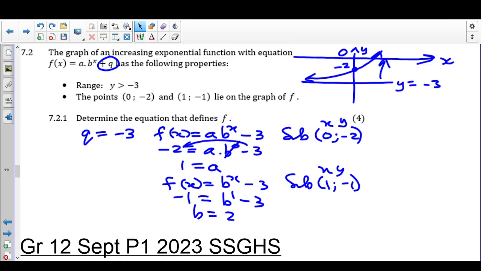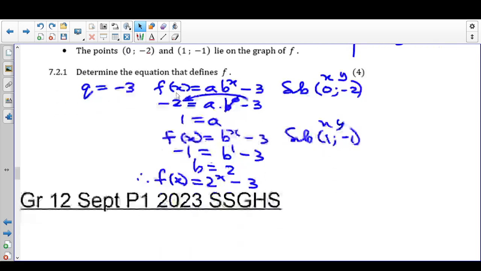So what's my equation now? Therefore, f of x is equal to 2 to the x minus 3. Okay. 2 to the x minus 3. Is there any confusion?